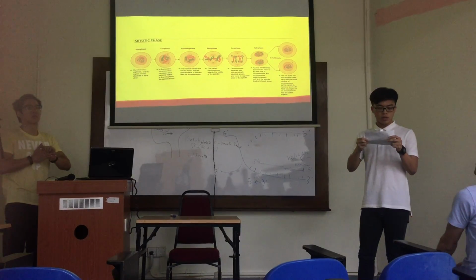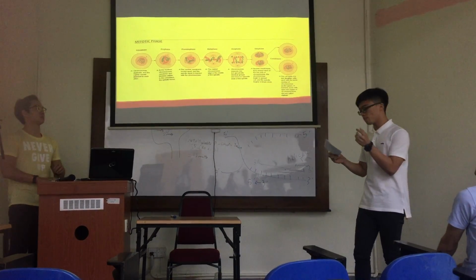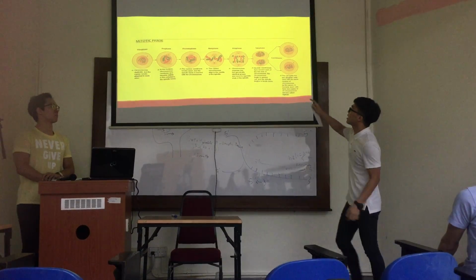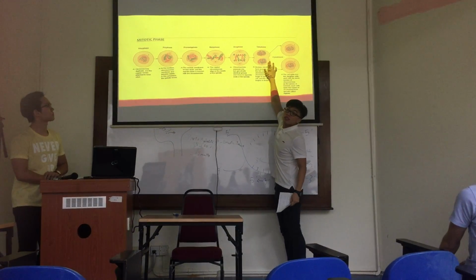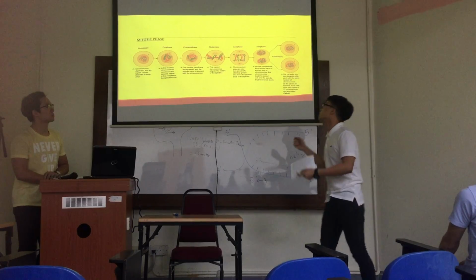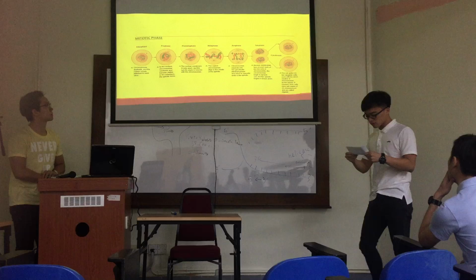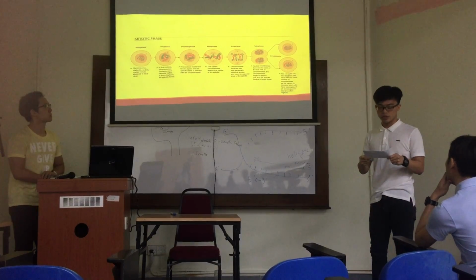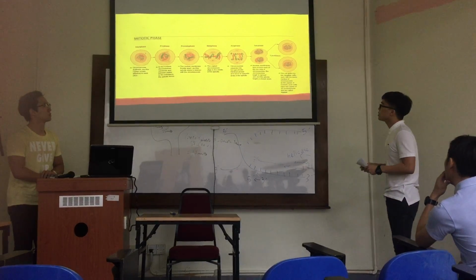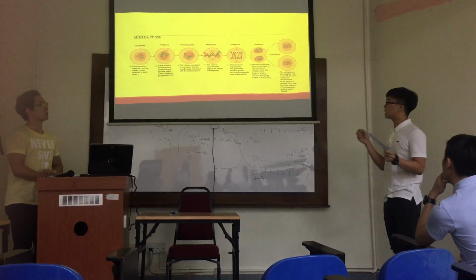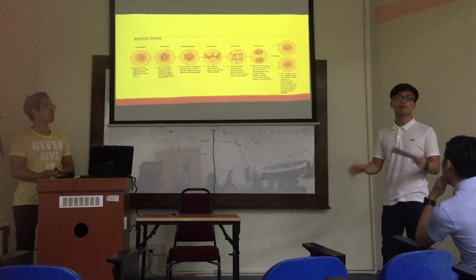The microtubules in the plasma membrane will pinch inwards, like this, forming a cleavage furrow. Then two separate cells will be formed until the plasma membrane is separated.